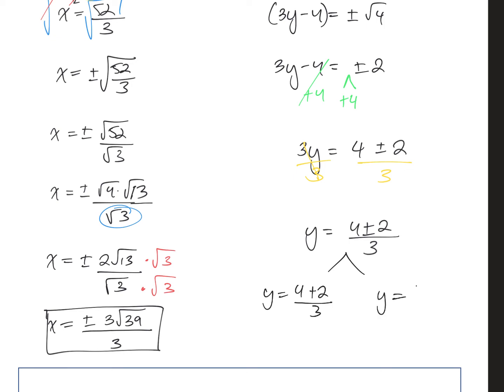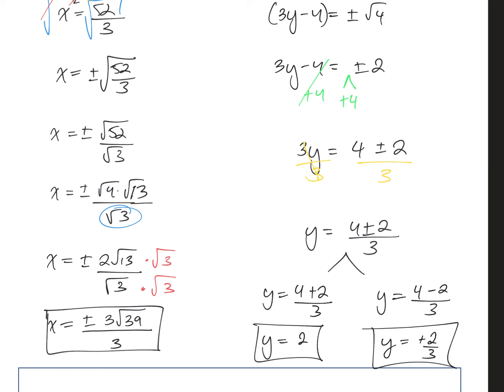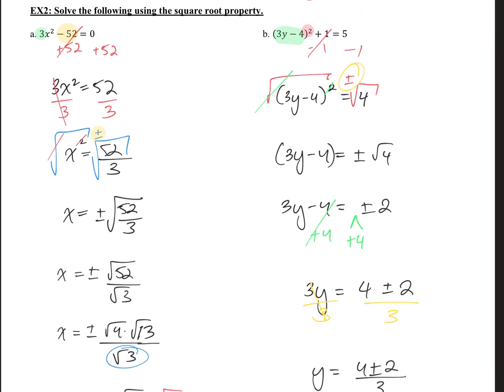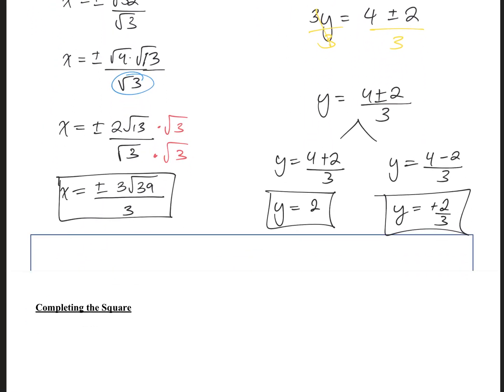And then we have the option of y equals 4 minus 2 over 3. So that'll give me 6 over 3, which is going to be 2. And then that'll give me positive 2 over 3. Alrighty. And there we go. We have our 2 answers in that one and our 1 in the other. Or sorry, it is still 2 in the other because they're both plus or minus.